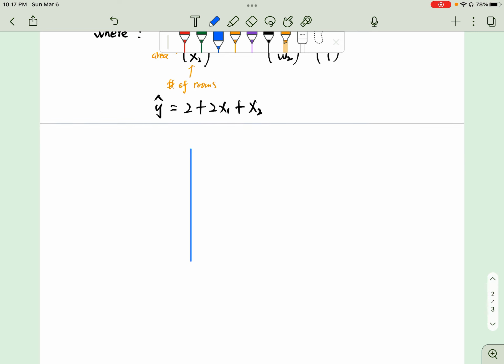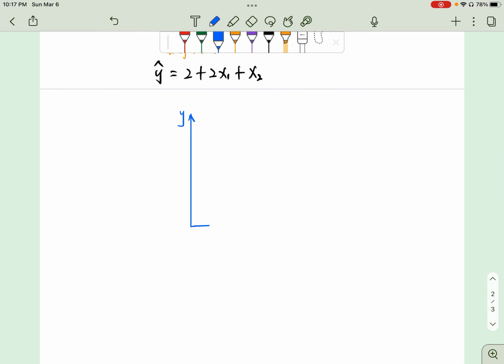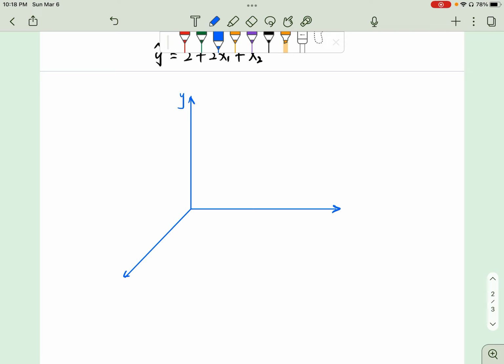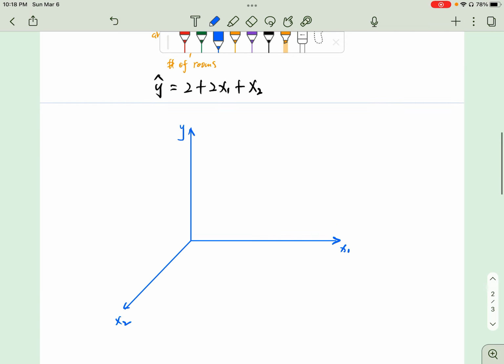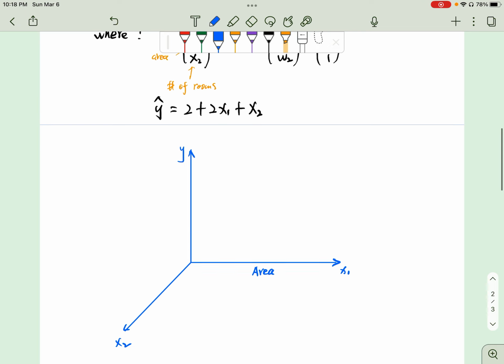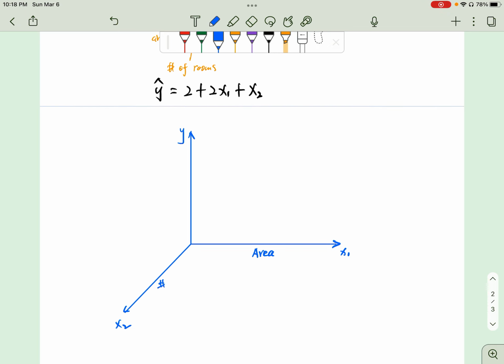So this would be the y-axis. Sorry, this is our price of a house, not prediction. And we will have two axes because we have two features and two variables, of course. So this would be x1, this would be x2. x1 would be the area of a house, and this one would be the number of rooms.